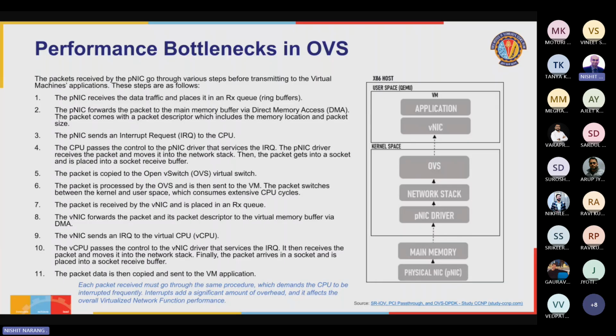So if I dig a little deeper into the data path, the physical network interface card, when it gets a packet, how many people have worked on network interface cards or close to the network interface cards in the class?